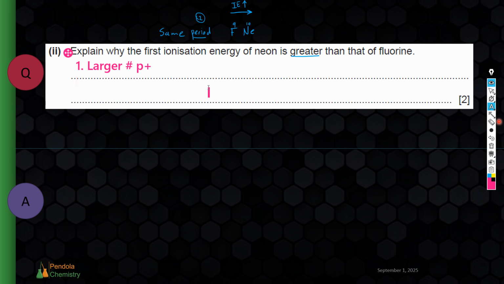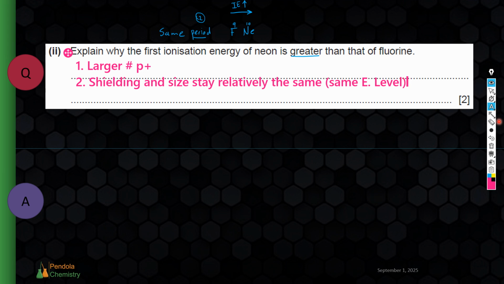We know that, number 2, shielding and size stay the same, relatively. So from neon to fluorine, or from fluorine to neon, should I say, the shielding doesn't really change, the size doesn't really change. They're in the same period. There's no extra energy levels. We can say also same energy level.